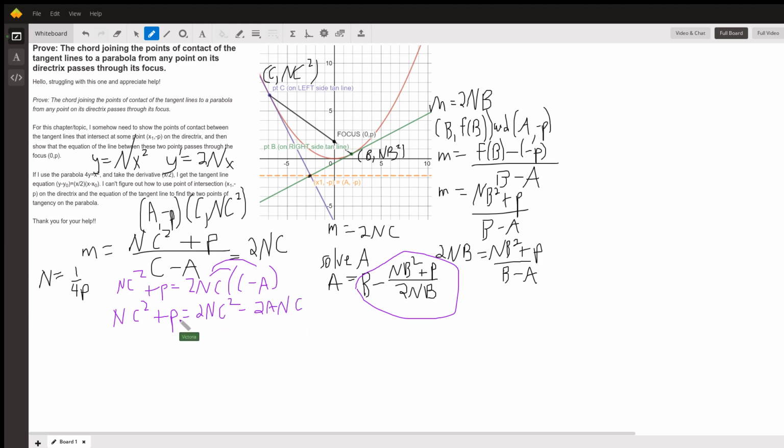Now, I want everything on one side, because this is going to be a quadratic equation in c's. Here's the coefficient for c squared. Here's the coefficient for c, and this is a constant.